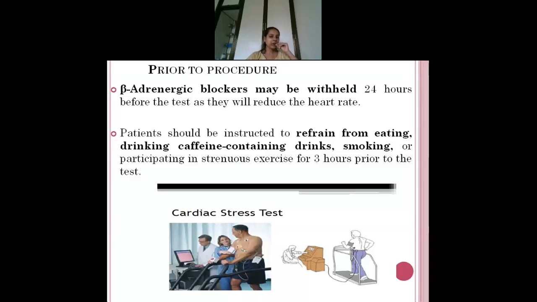They are already tired, and then again you are giving the stress test. You will not get the absolutely correct reading. So that is why tell them not to participate in any strenuous activities at least 3 to 4 hours before the procedure. Next is, tell the patient not to drink any caffeinated beverages or smoke before the procedure. So not to take any sort of stimulants, whether it is alcohol, that also should be avoided before the procedure.